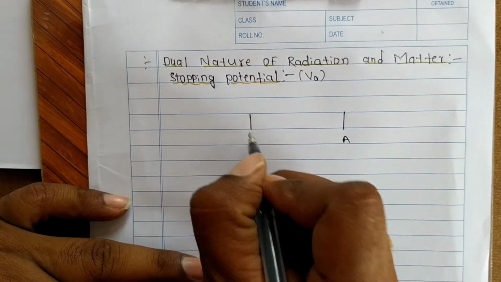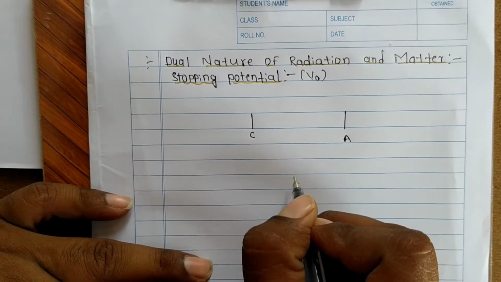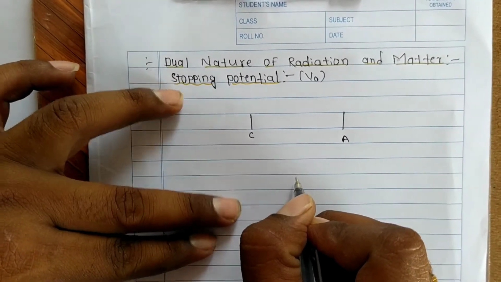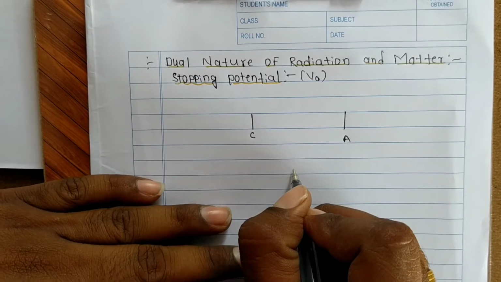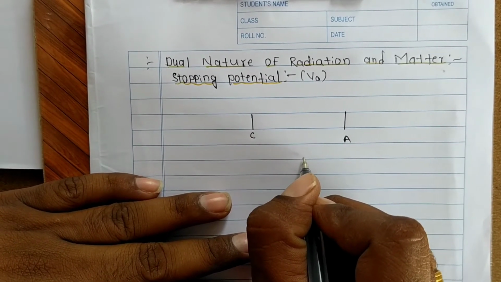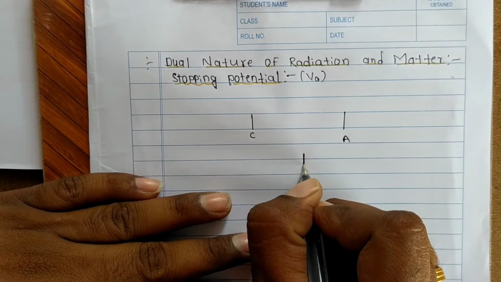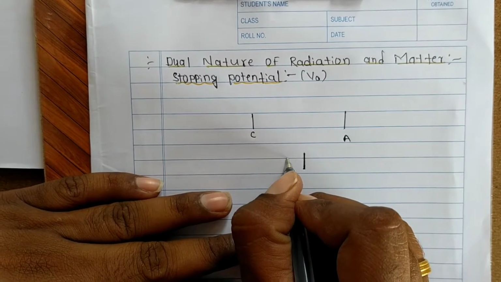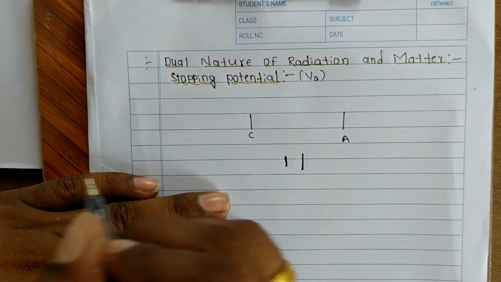When we apply negative potential to the anode, consider a battery. That battery has two terminals, one positive and another negative.